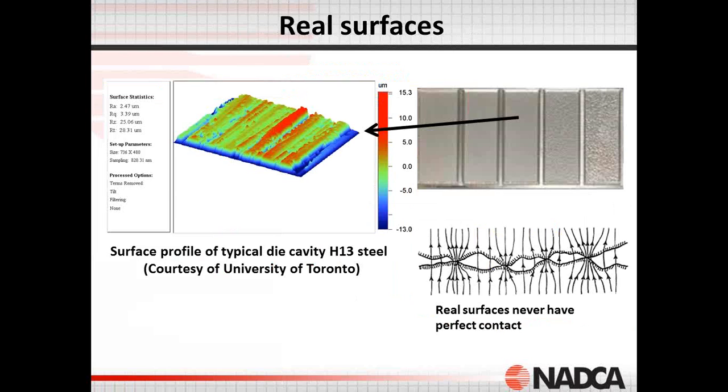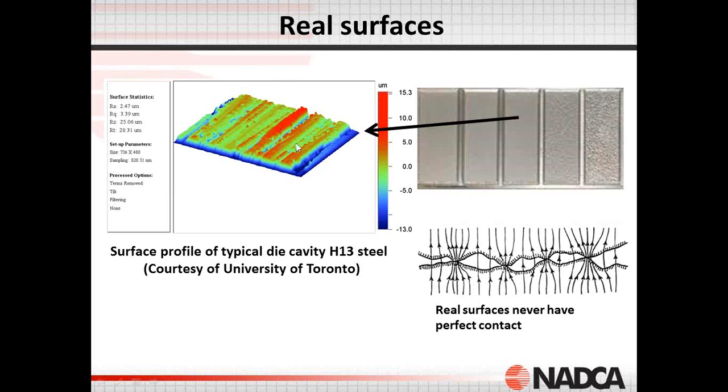In real surfaces, however, here's an example of steel surfaces with a typical surface finish for a high pressure die casting die cavity. It appears quite smooth, but if you look at the surface profile, which we've done in collaboration with the University of Toronto, we have measured the average roughness of these surfaces, and it's in the range of about 2 to 3 micrometers average Ra value.